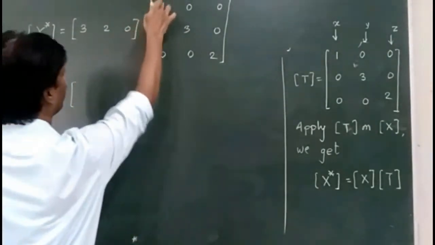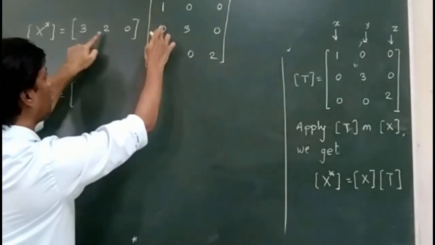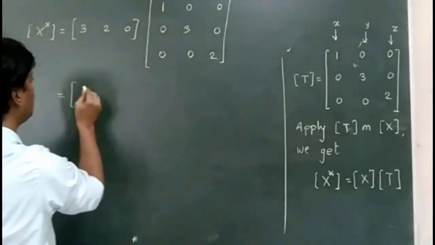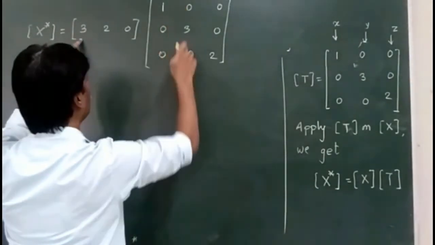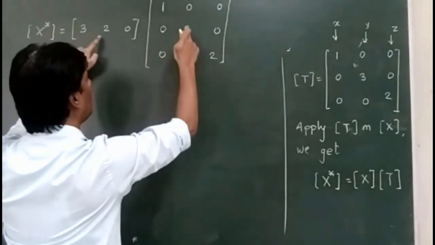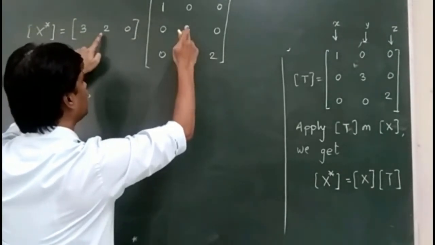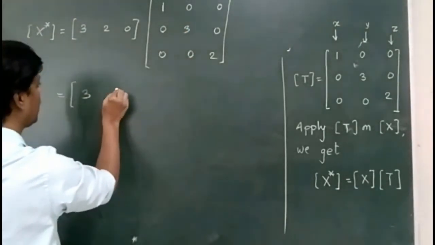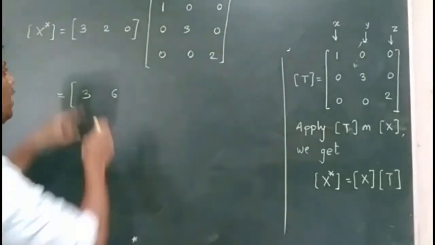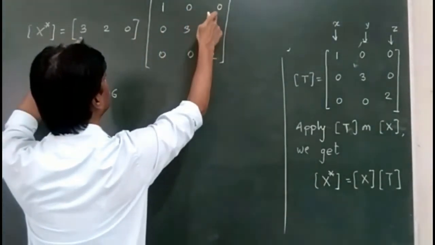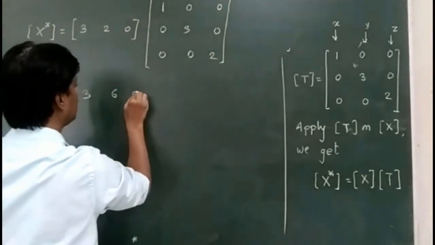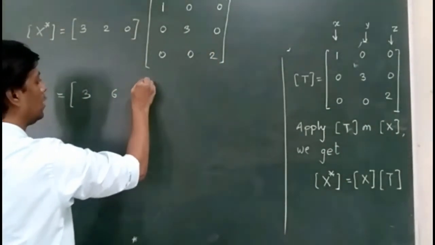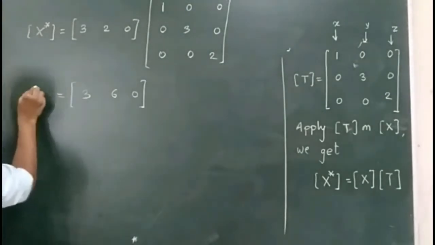First row, first column. So 3 ones are 3, 1 zero is 0, 0 zeros are 0. So that becomes 3. Then first row, second column. 3 zeros are 0, 1 three is 3, 0 zeros are 0. That means 3. Sum of them is 3. Then first row, third column. So 3 zeros are 0, 1 zero is 0 and 0 twos are 0. So this is 0. And this is your X star.